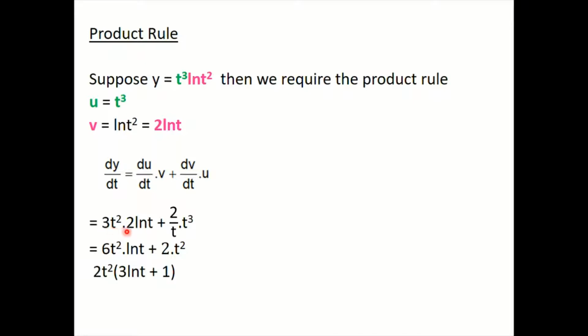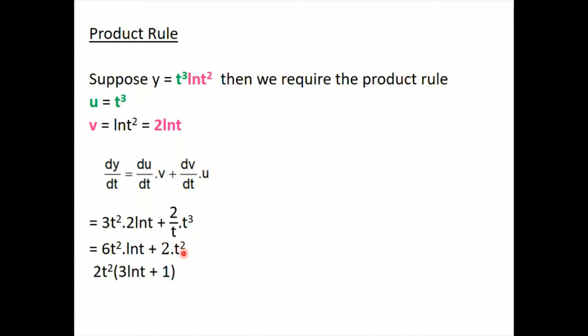If we look at this term here, we are multiplying 3 by 2, and we end up with 6t squared times the natural log of t. Plus, here we can simplify. We've got a t in the denominator and t cubed in the numerator, so one of these can cancel, and we end up with 2t squared.